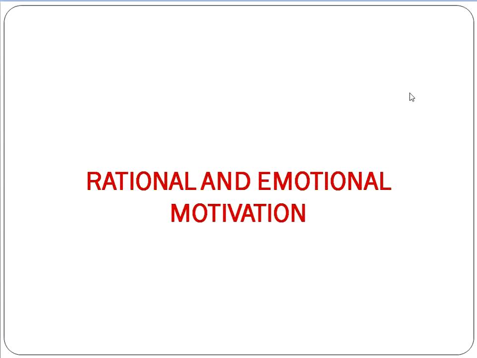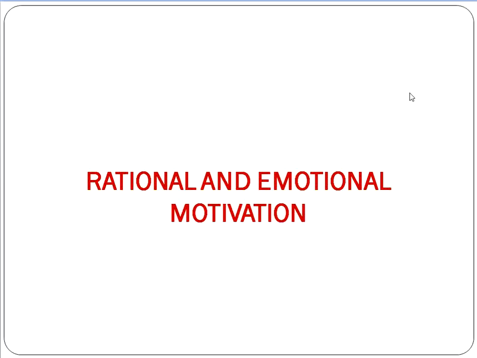So in this slide we are going to discuss rational and emotional motivation. Now, what do you understand by rational and emotional motivation? Let's discuss the first one, rational motivation. Rational motivation means if someone is getting motivated with logical thinking, that type of motivation is called what?